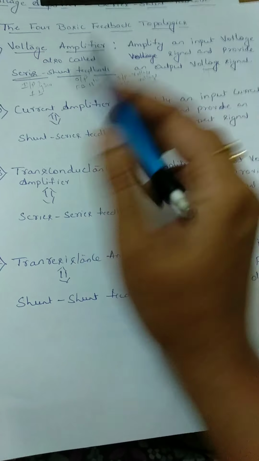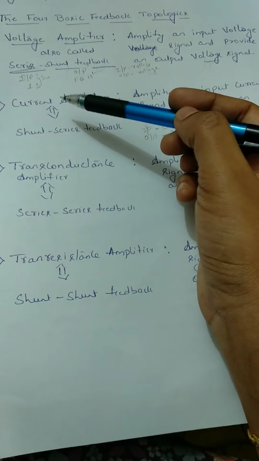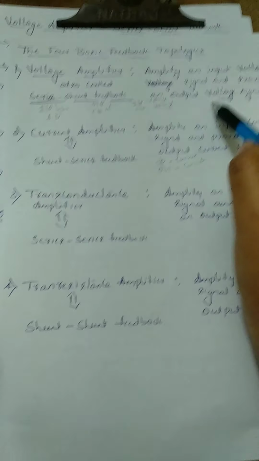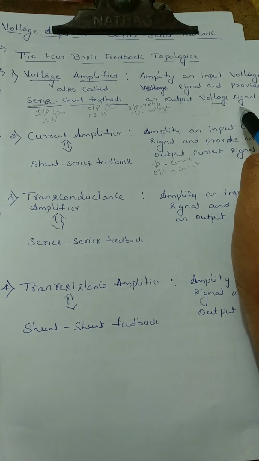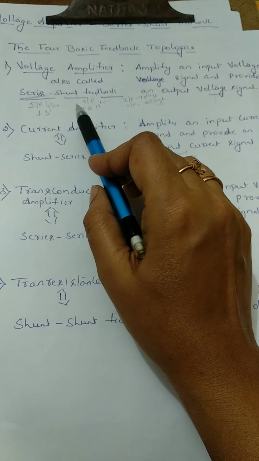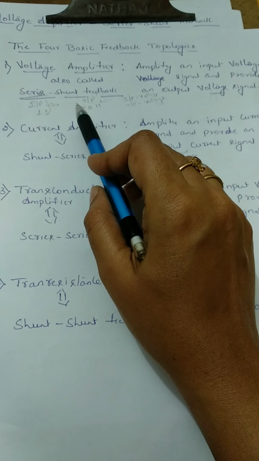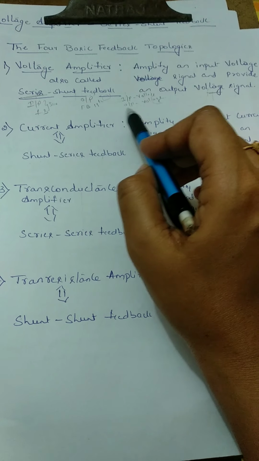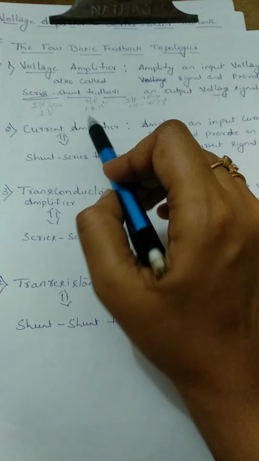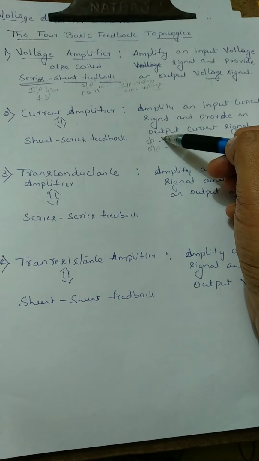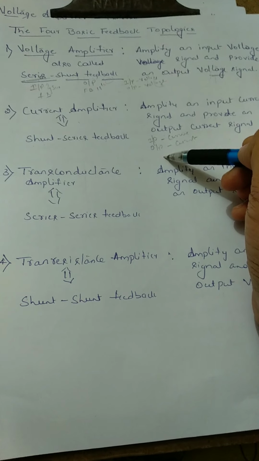The opposite of the voltage amplifier is the current amplifier. In the voltage amplifier, input is voltage and output is voltage. The output from the feedback is connected in series with the input, and the output voltage is connected in parallel to the feedback network. Here in the current amplifier, input is current and output is current.